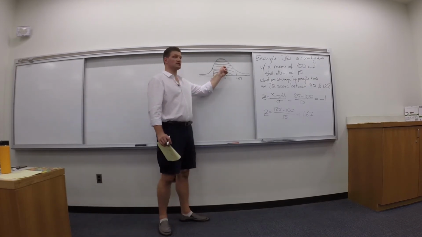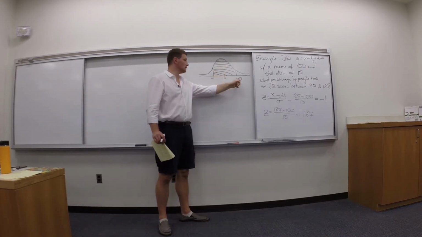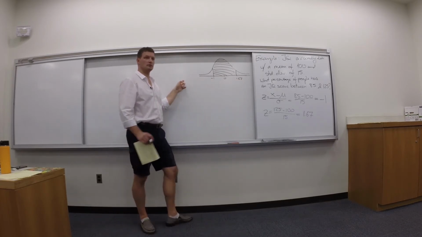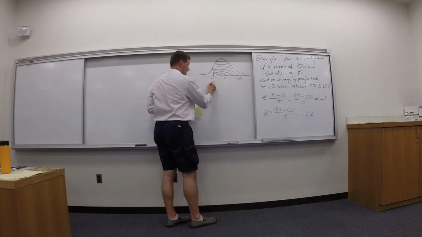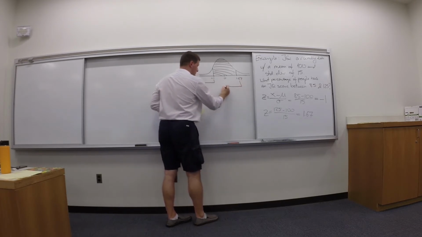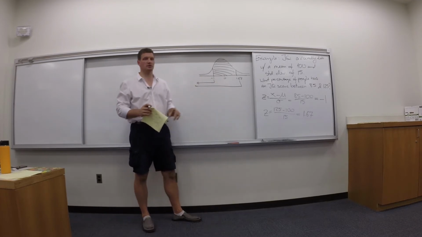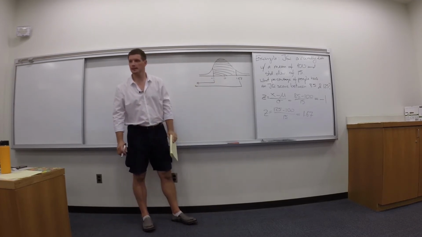So we're looking for this area. How do we get this area? This area minus this area, right? Because this z-score will give me this probability. This z-score will give me this probability. So I need those two probabilities.